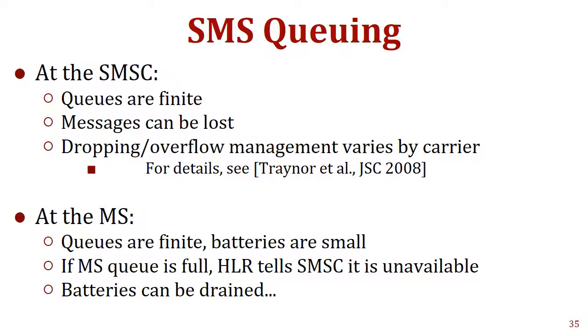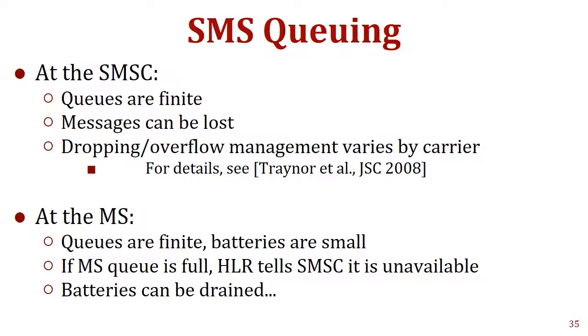We see the interesting processing for queuing the short message. So the queues are finite, and the message can be lost, because if you have too much data, then maybe the memory of the short message service center cannot hold all this. So the dropping and overflow management were raised by carriers.